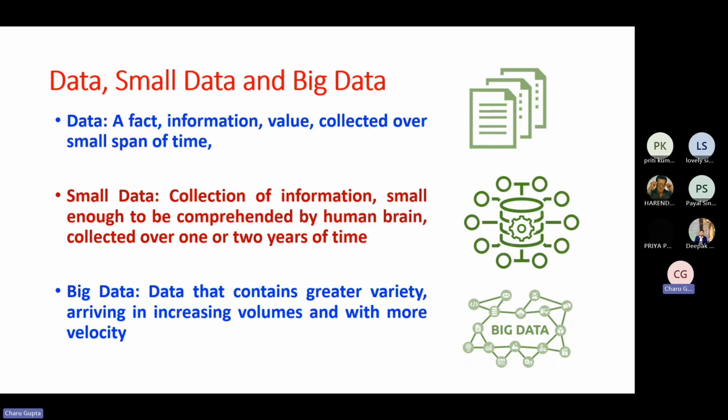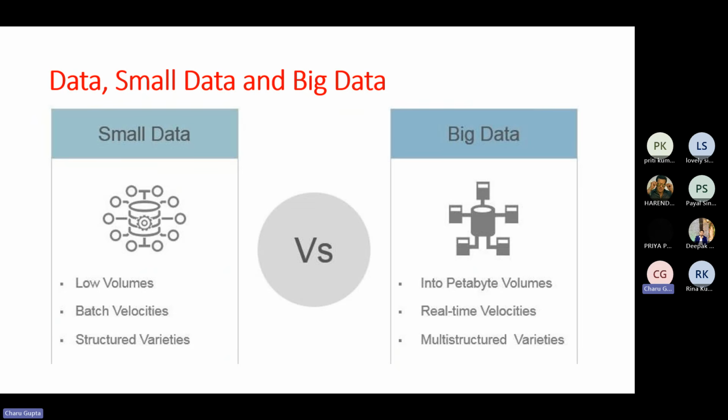And big data contains greater variety, which is increasing in volumes, and is dealing not with a small span but with a huge span of time, right? So that is big data. This is the main difference between small data and big data.